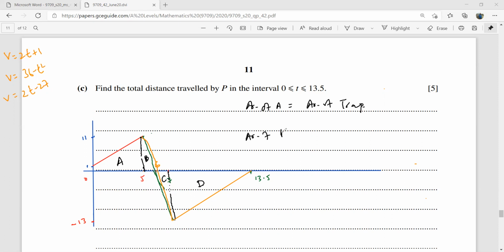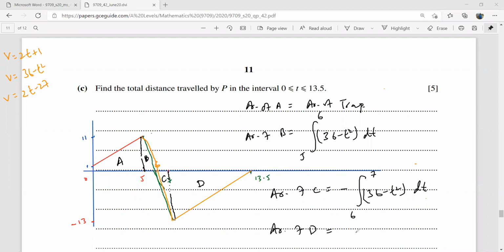Area of B, that is the limit from 5 to 6, 36 minus t square dt. And then you have area of C. We'll put a minus before that, okay, because this is below. 6 to 7, 36 minus t square dt. And at the end, area of D, that is the area of the triangle.